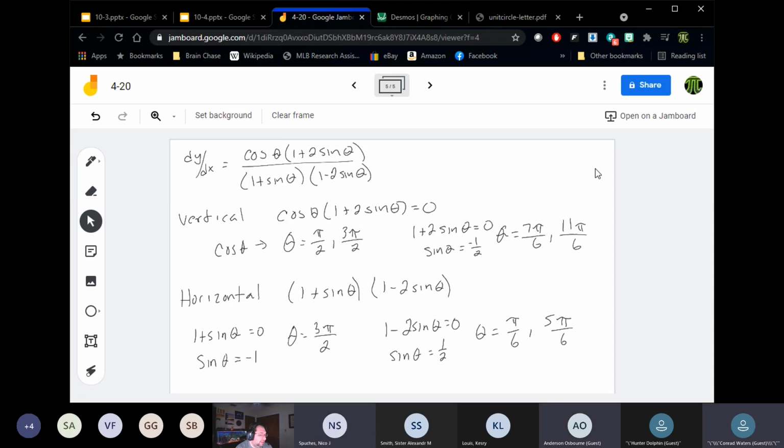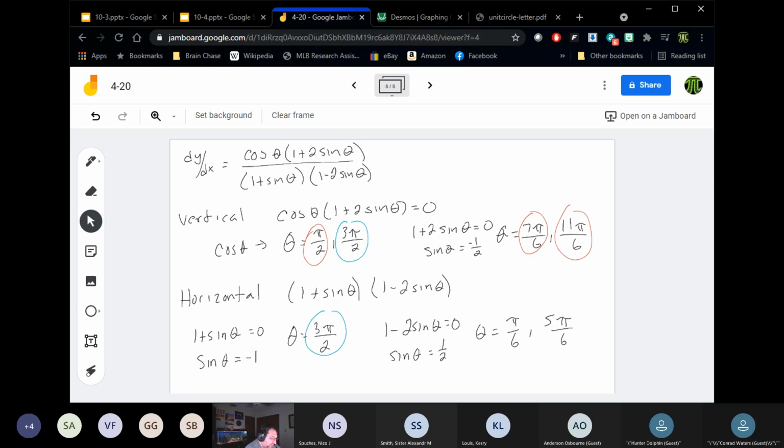All right, now we're not done because remember we have situations where we can't have 0 on the top and 0 on the bottom. So when we're looking at the rest of these values, the only one that appears in both of them is the 3 pi over 2. The pi over 2 works for the vertical, 7 pi over 6, and 11 pi over 6.